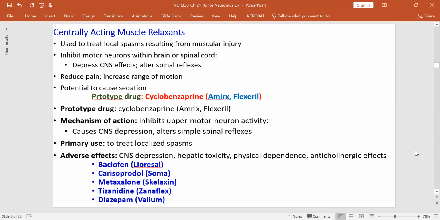Although not classified as an antispasmodic and generally indicated for treatment of anxiety-related symptoms, diazepam as a benzodiazepine, which applies to other benzodiazepines like clonazepam, Klonopin, and lorazepam or Ativan, is effective for muscle spasm as a skeletal muscle relaxant.